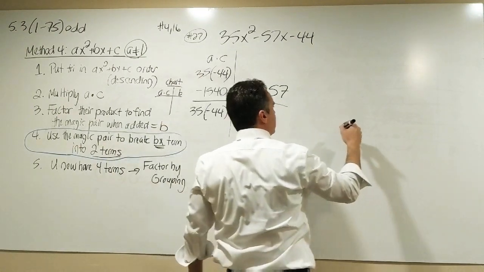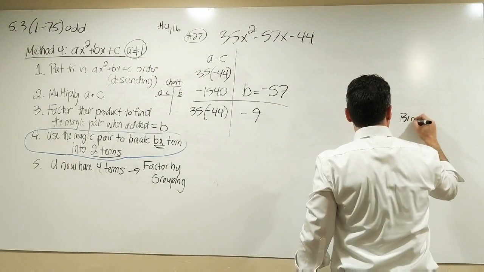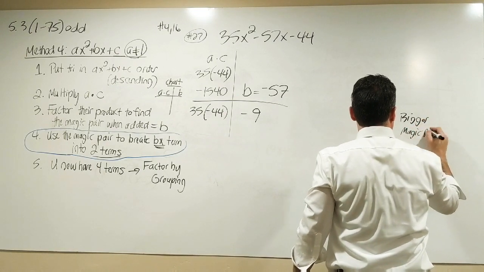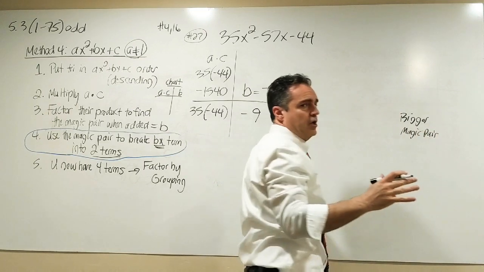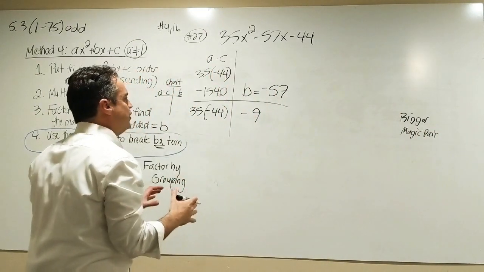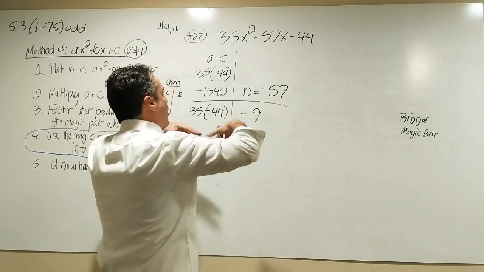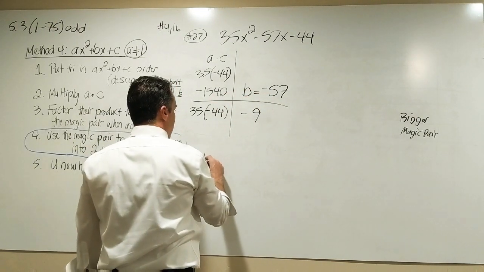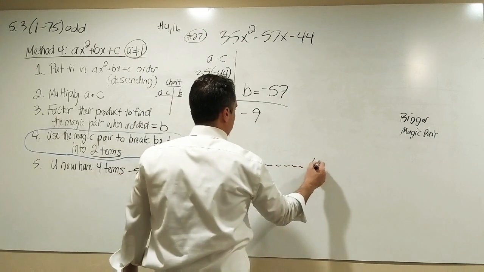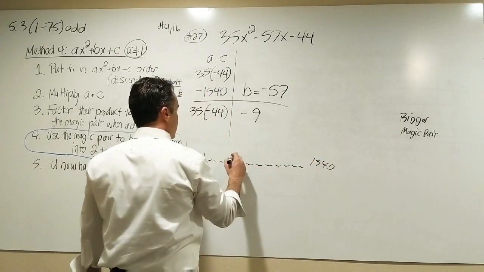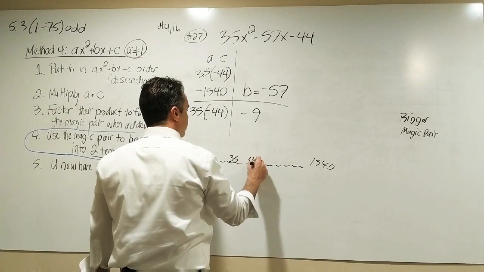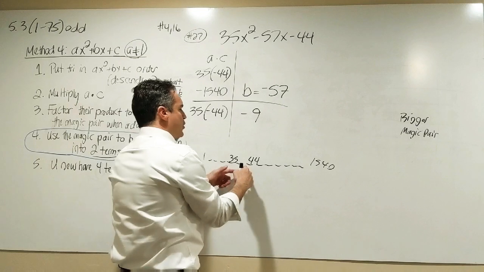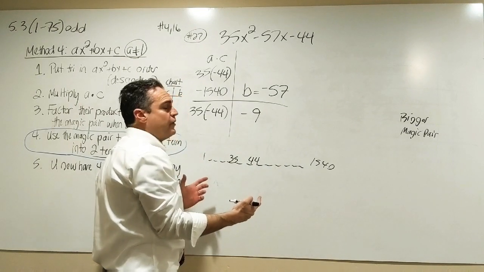And we said if we need our number to be bigger, then that means the magic pair, and you guys should be referring to your notes that you wrote off to the side, your magic pair lies in between or outside of A and C. So we have 1 all the way to 1,540. And here we have 35 and 44. If this needs to be bigger, does our magic pair lie in between or outside of these? Outside. It's outside, that's right.